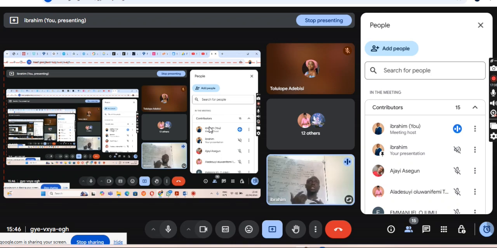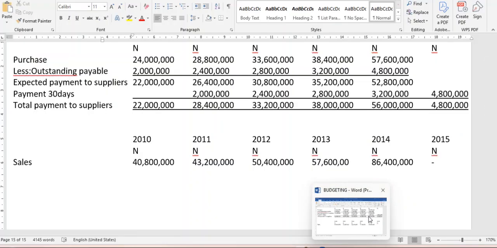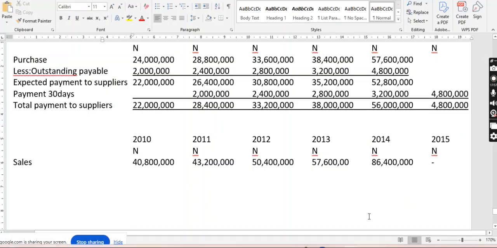Now, let's use the way we did the purchases. Let's just do it like that. So then we will say alternative approach.